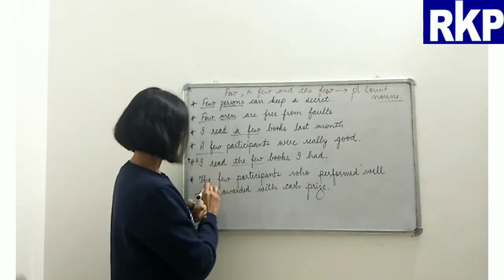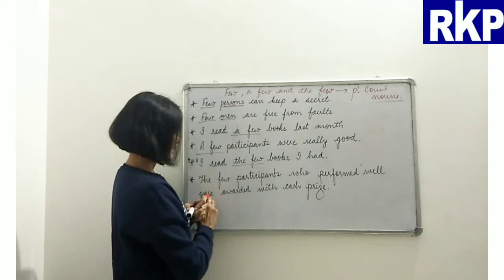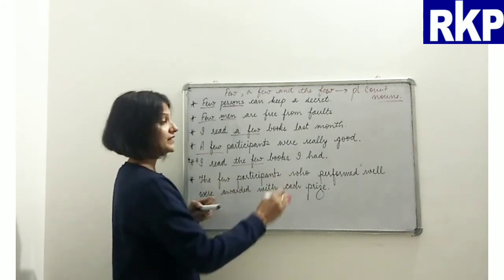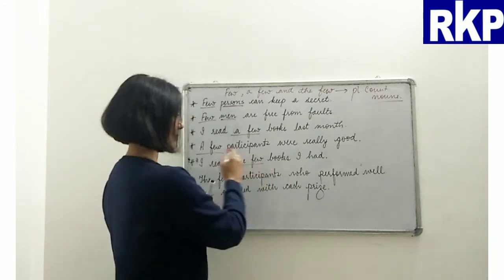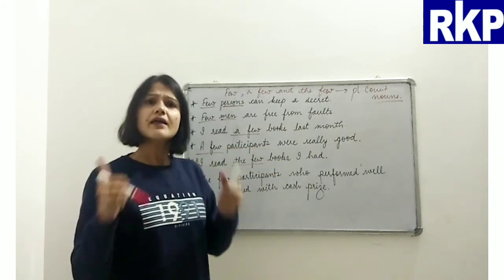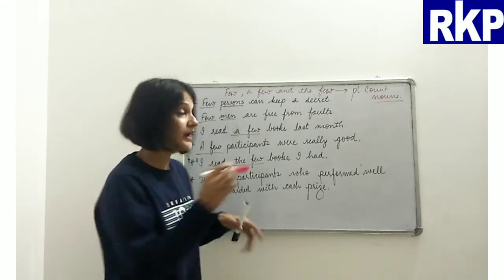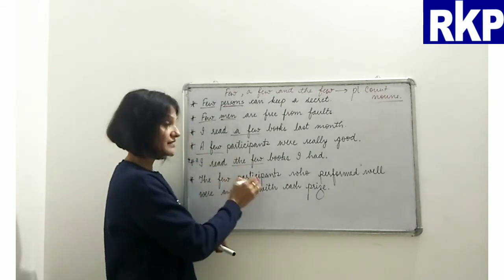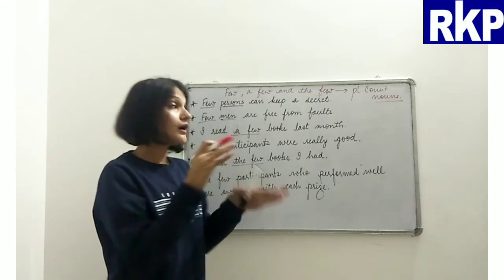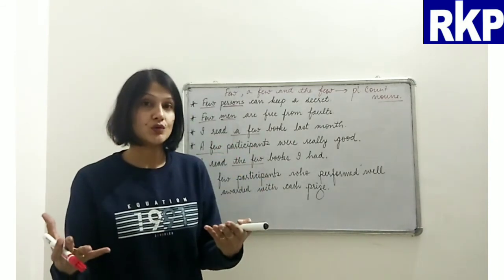Now, the few participants who performed well were awarded with cash prize. I have already told you a few participants were really good. Now, I am telling you the few participants. So, the few participants means the participants I was talking about.